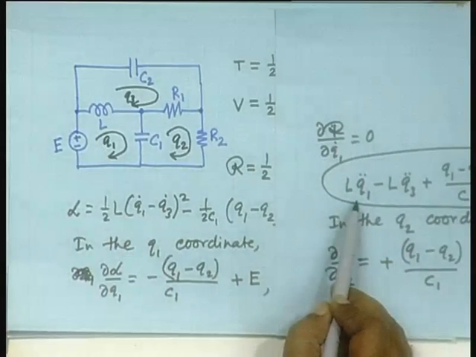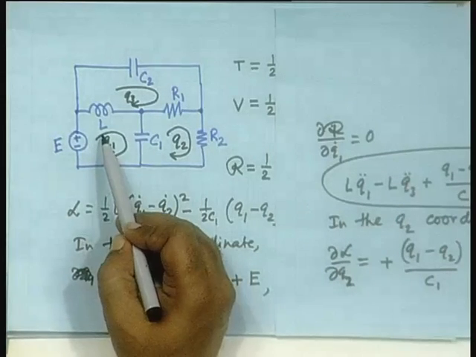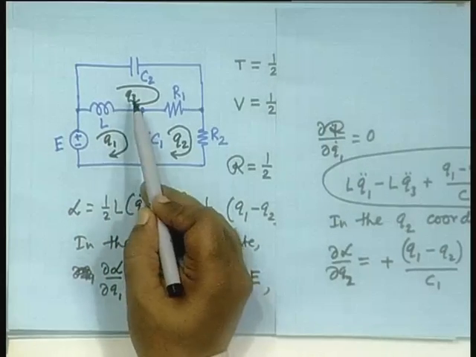L Q1 double dot minus L Q3 double dot. So, it is actually L di dt, where I is Q1 dot minus Q3 dot.